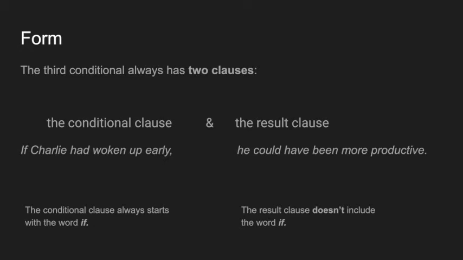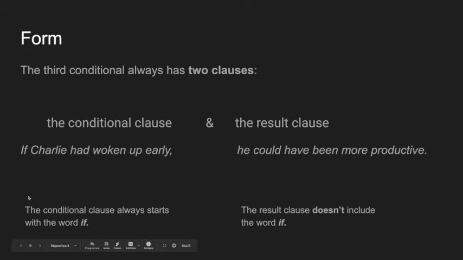It says, he could have been more productive. Again, we have one whole action, one whole situation, and we have a subject, which is he, and a verb, could have been more productive. Again, this is another situation, and this result clause is the result situation of the conditional. Remember, we always have one result from the other.